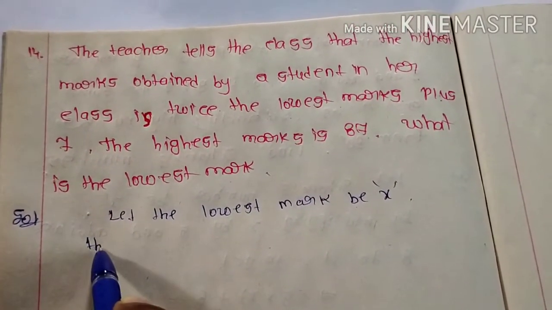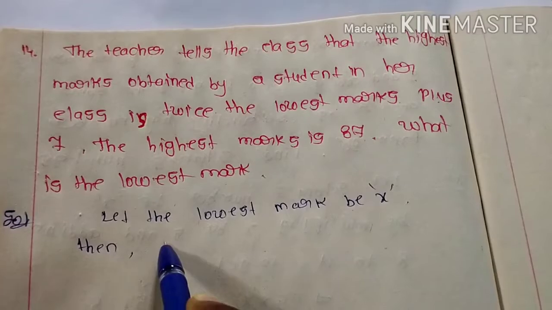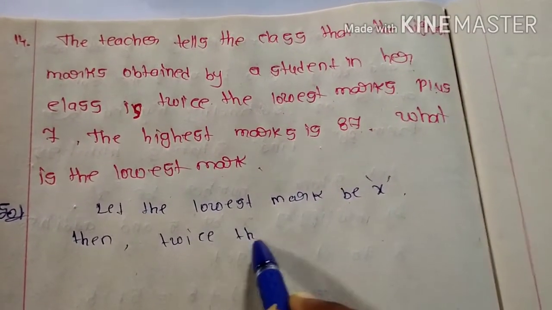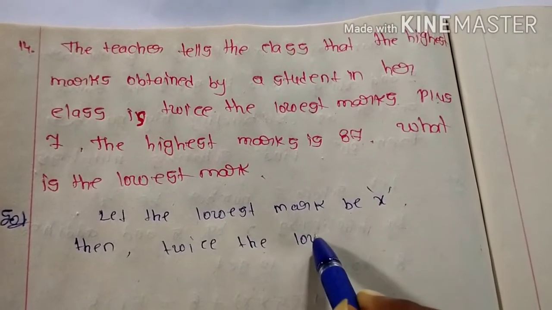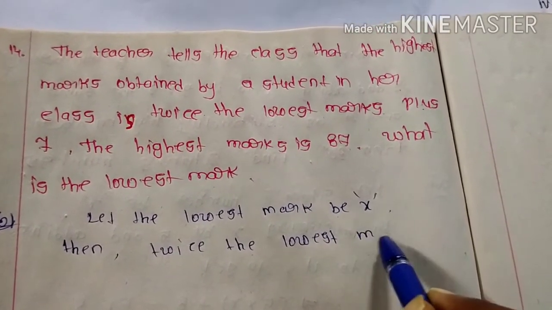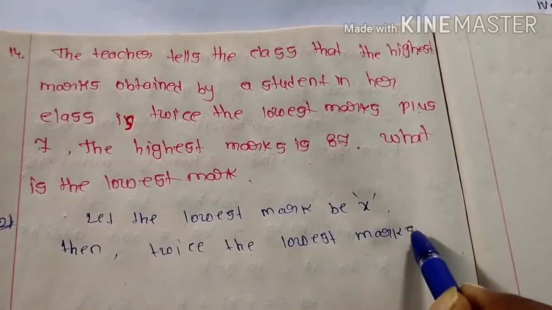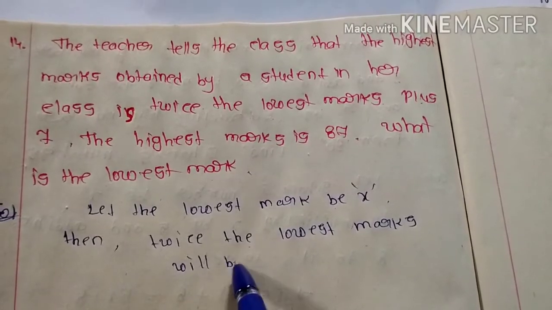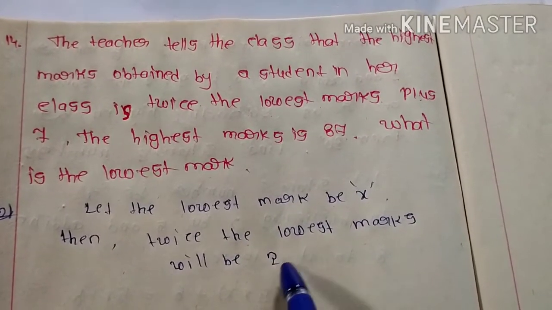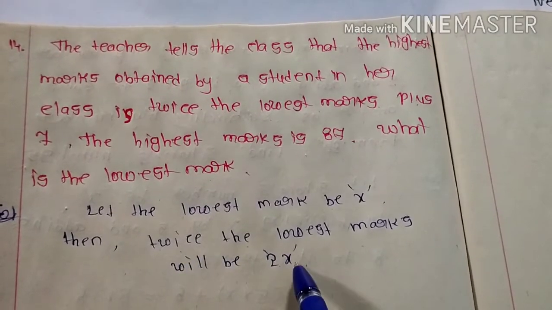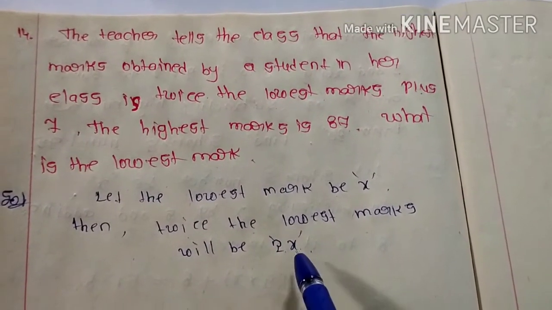Then twice the lowest marks will be 2x or not? Yes or no? Twice means it is 2 times. 2 into x, that means 2x.